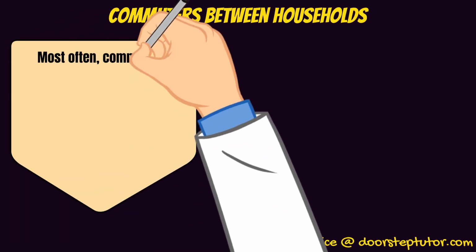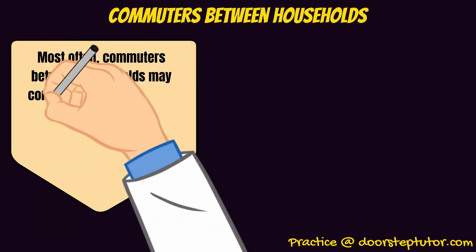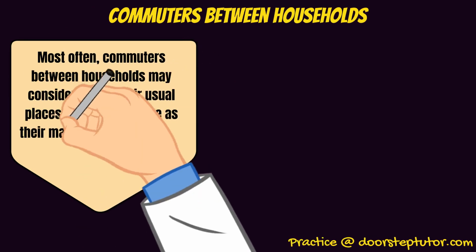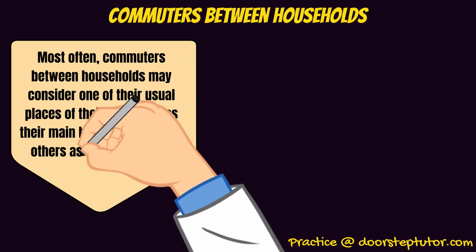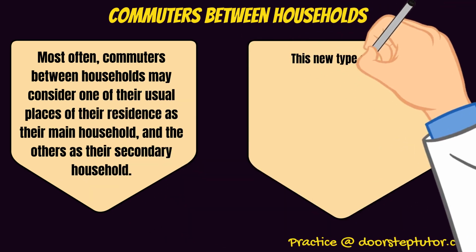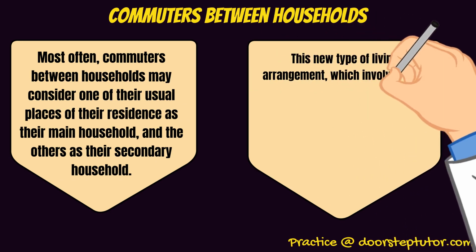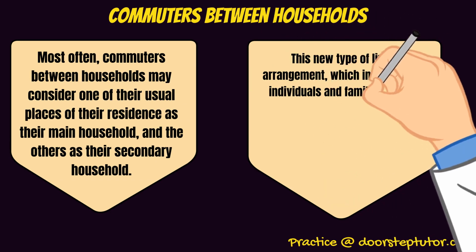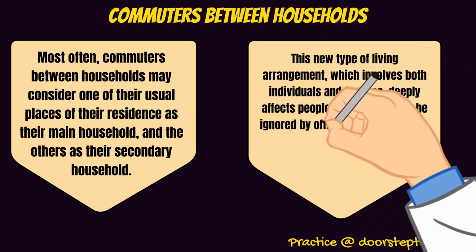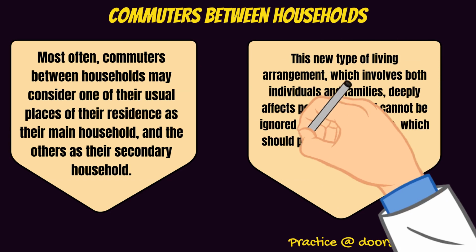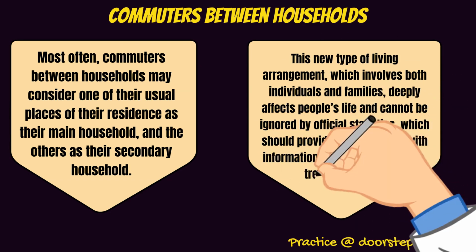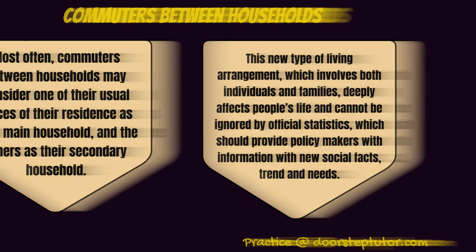Most often, commuters between households may consider one of their usual places of residence as their main household and the others as their secondary household. This new type of living arrangement, which involves both individuals and families, deeply affects people's lives and cannot be ignored by the official statistics, which should provide policymakers with information on new social facts, trends, and needs.